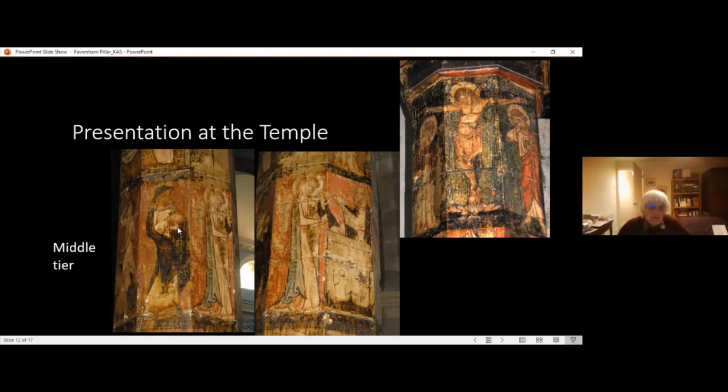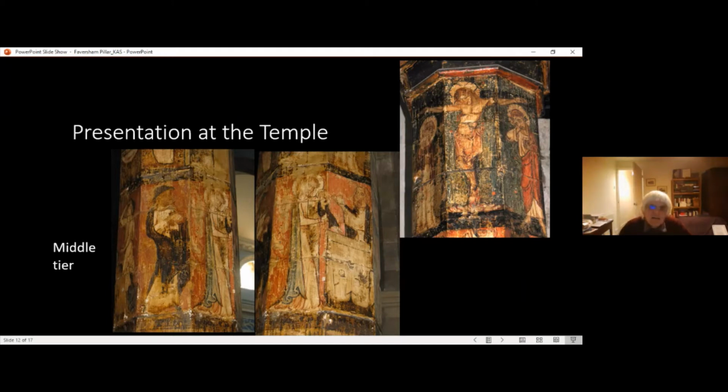Now here again, we've got Joseph and Mary, and they are looking at their child. Simeon looks at Christ and upwards, and Christ even more looks beyond Simeon and meets the gaze of his crucified self on the top tier.